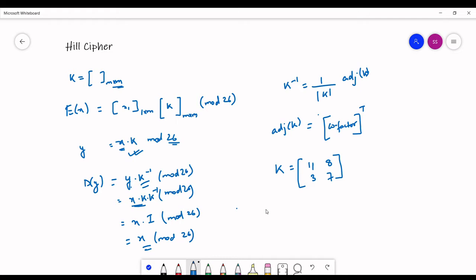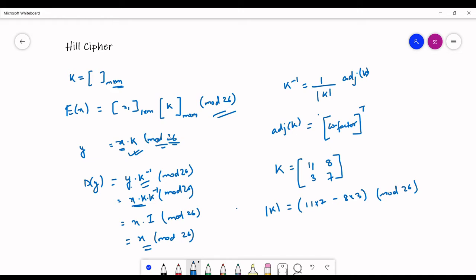Now first of all I have to find the determinant of k, and you have to make sure that the determinant should not be equal to 0, because if the determinant is 0, 1 by 0 you can't determine. So finding the determinant, what you have to do is 11 into 7 minus 8 into 3 mod 26. Everything we have to take mod 26 because it's in the encryption and decryption.